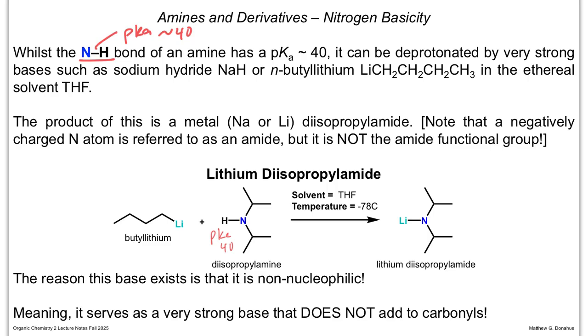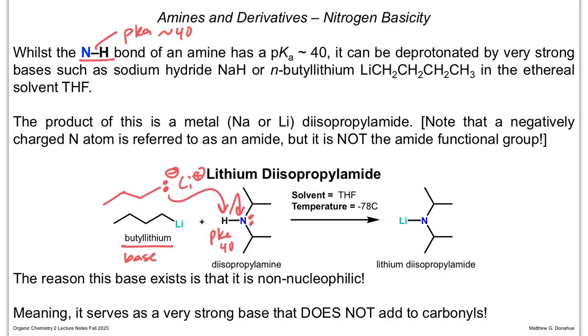If we want to turn that nitrogen into a really strong base, we can take an even stronger base. So butyllithium, that's one of those organometallics that we talked about that has a really strong carbon anion. We can think of it as C minus Li plus. So that can abstract a hydrogen.